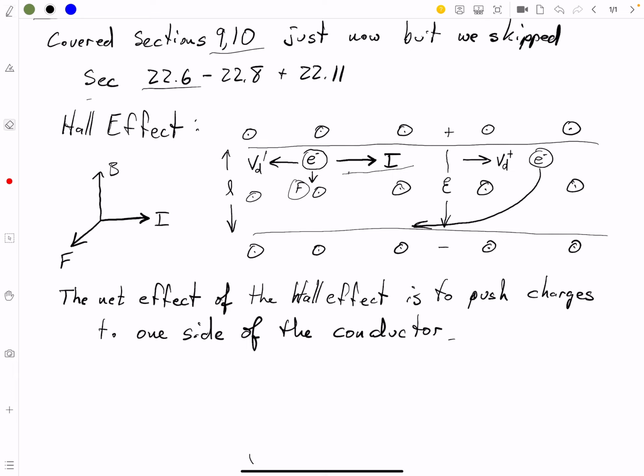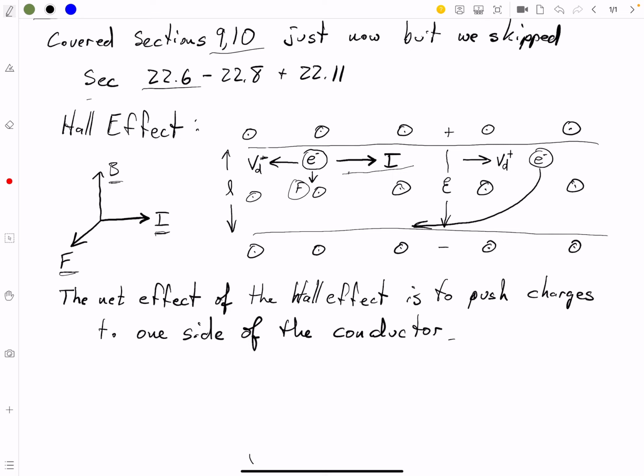Well, the same thing happens. It's still the same B field, the same current, the same force.